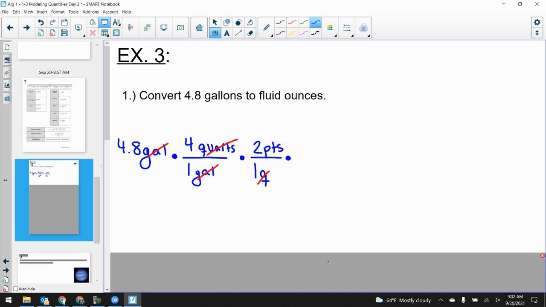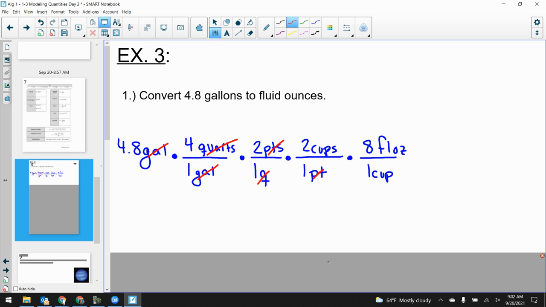No, so I've got to keep going. What do I have in pints? 1 pint is 2 cups. However, do I have cups to fluid ounces? 1 cup is 8 fluid ounces.